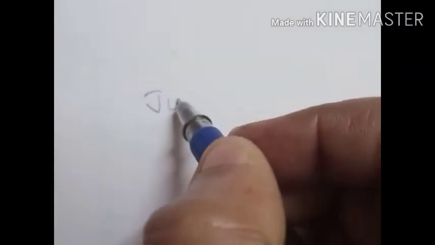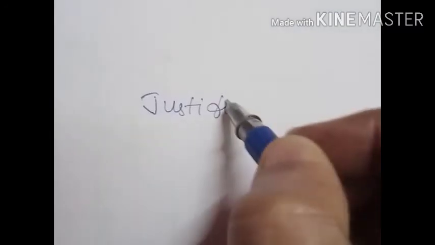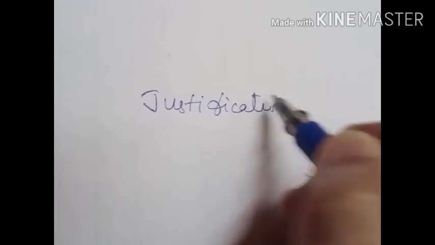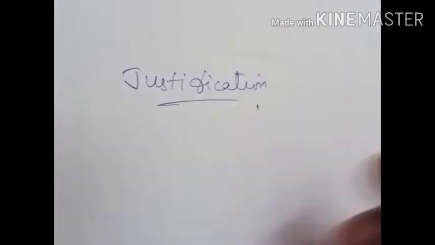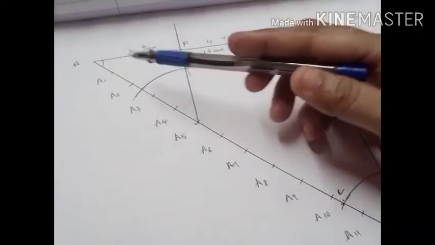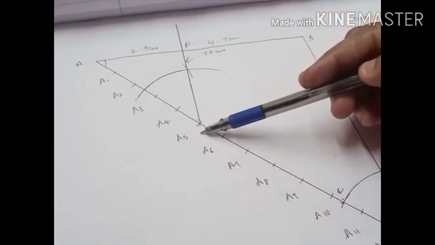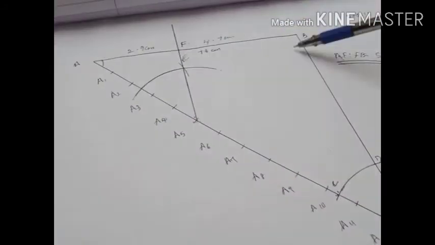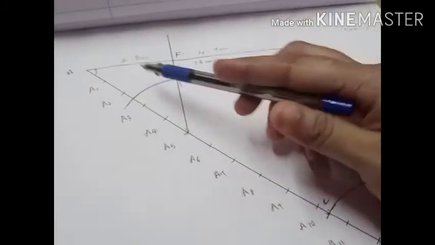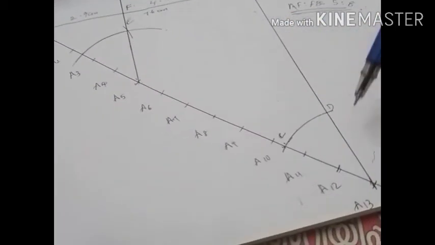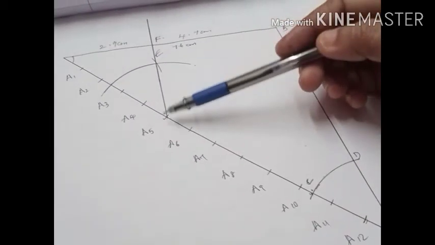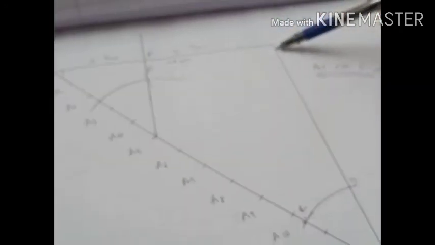In this question they asked to give the justification of the construction. So for that we have to consider the two triangles. That is triangle AFA5 and ABA13. Here we know that A5F and A13B are parallel.